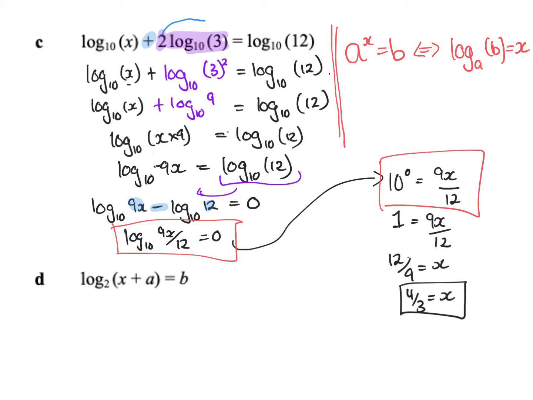So it's just a rule you have to know that you can change around. The rule says a to the power of what it equals, so I've done 10 to the power of what it equals and got that bit, and then equals the b.